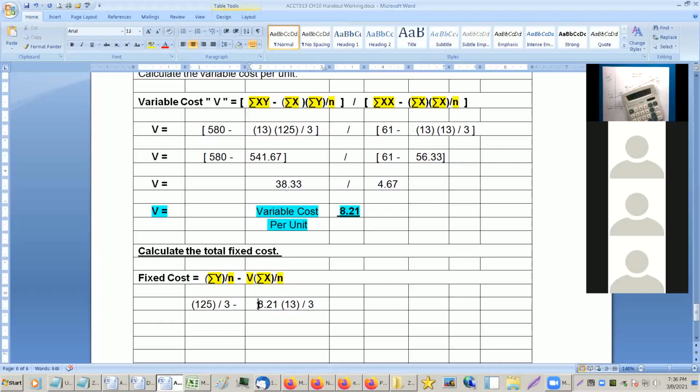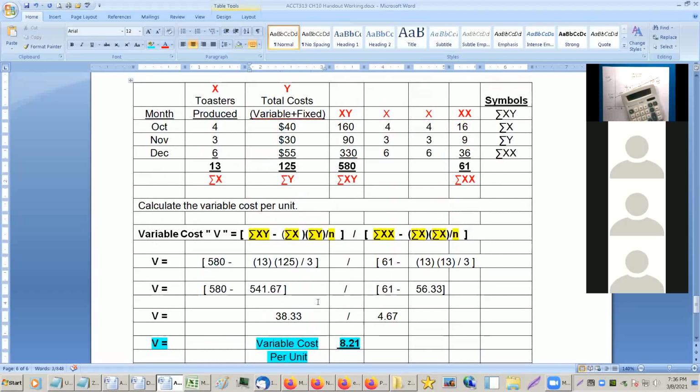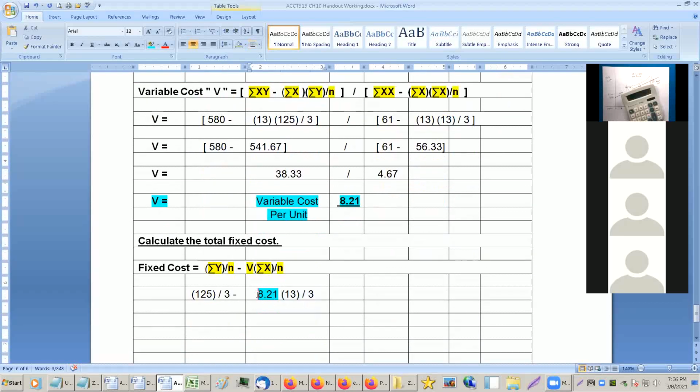Okay, so this is the 8.21 from up above. So the average total cost minus this, which is just the average number of toasters that they made. This is the cost per toaster, so this is the average variable cost. Then you're left with the average fixed cost.